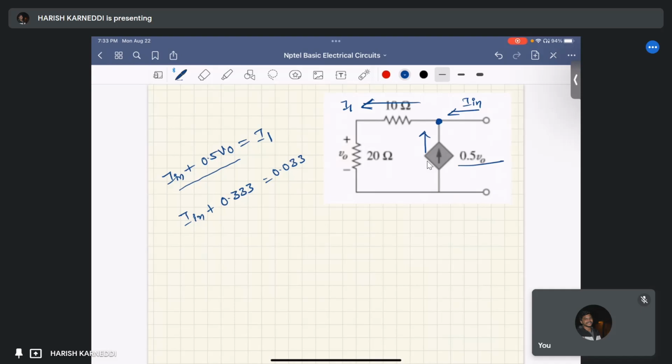Then we can find I in equal to 0.033 minus 0.333, which is equal to minus 0.3. So I in equals minus 0.3 amperes.